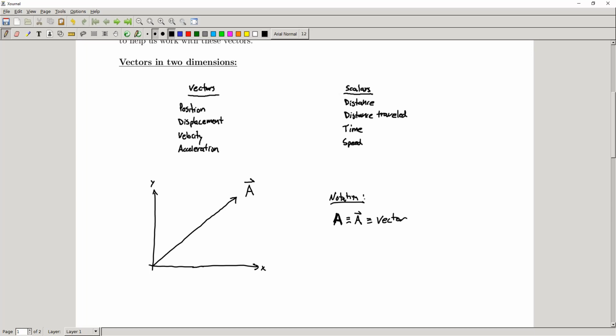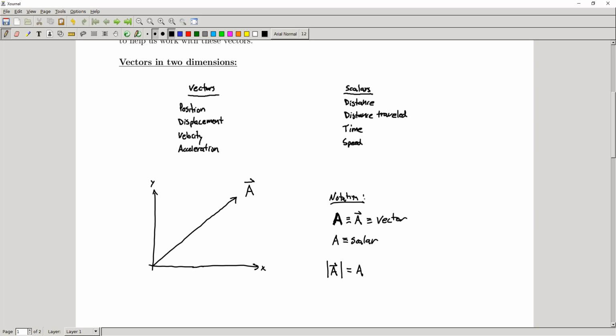This is indicating to you that this is a quantity with magnitude and direction. Whereas if you just see a regular letter, this is telling you that this is a scalar. And if you see the same letter used, and we see a vector A, then we can say that the magnitude of that vector A can just be written as the scalar A.